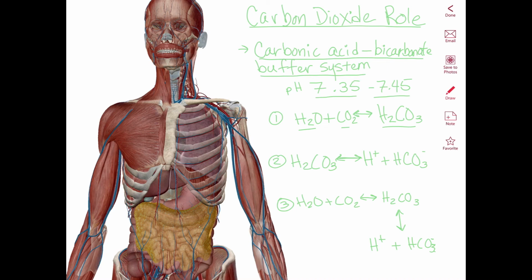It quickly dissociates in water to form hydrogen ions and bicarbonate ions. And lastly, when the two reactions are combined, the formula is: water plus carbon dioxide, carbonic acid, hydrogen ions, and bicarbonate, as you see here.